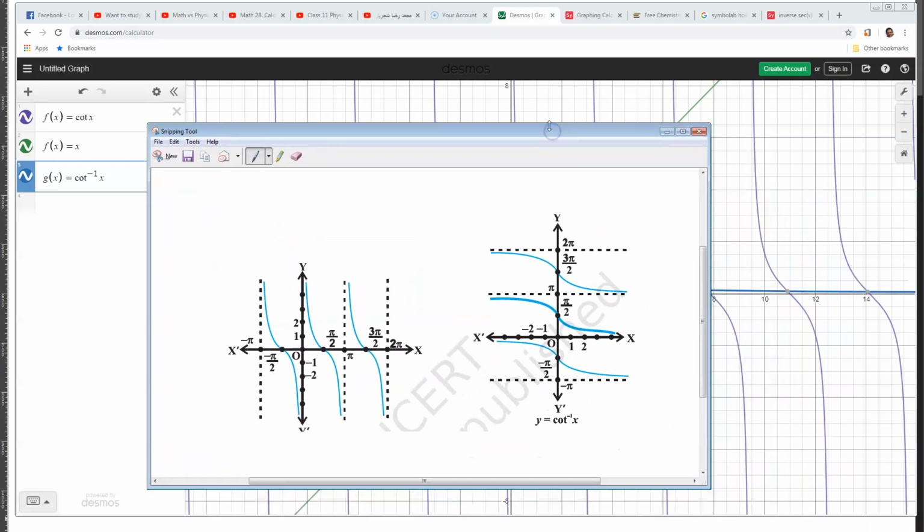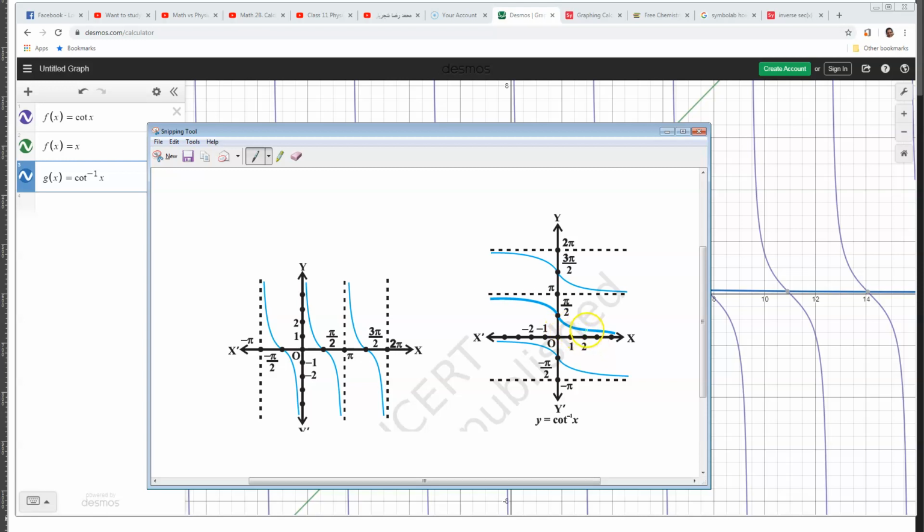Okay. Now, suppose that this is the cot function. The cot function basically behaves like this, and the inverse of the cot function eventually becomes some function like this, of which the principal value branch becomes this branch over here.